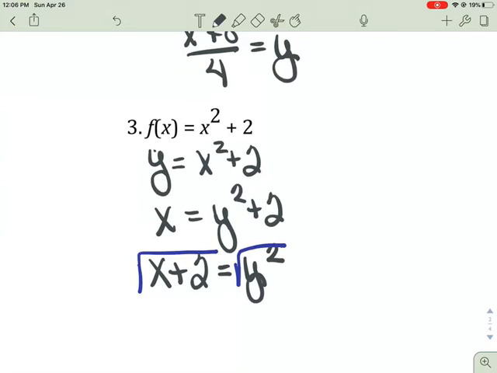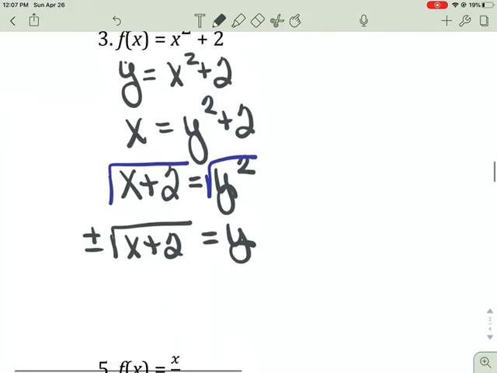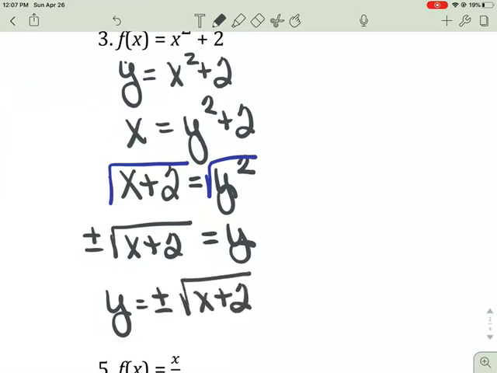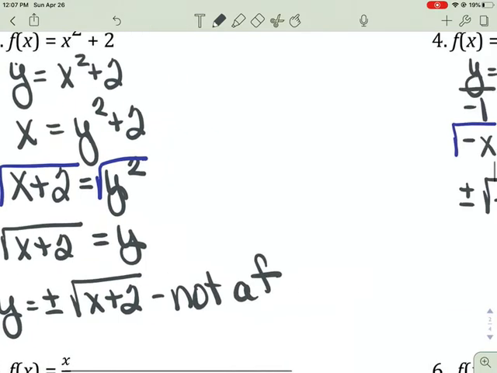Remember, when you physically take a square root, there are two solutions, plus and minus. Plus and minus means that this is not going to be a function. So my answer is just y equals plus or minus the square root of x plus 2. I can't use my f of x notation because this is not a function.